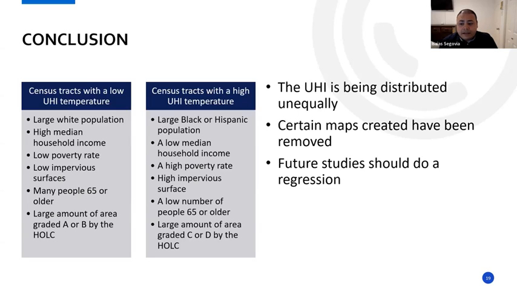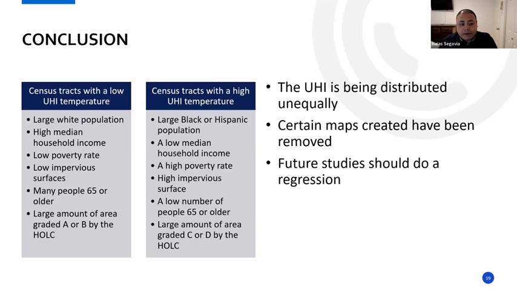The census tracts that have a low UHI temperature visually have a large white population, high median household income, a low poverty rate, low impervious surface, many people that are 65 and older, and a large amount of area graded A or B by the HOLC, while census tracts that have a high UHI temperature visually have a higher Black and Hispanic population, a lower median household income, a high poverty rate, a high amount of impervious surface, a low amount of people 65 and older, and a large amount of area graded C or D by the HOLC.